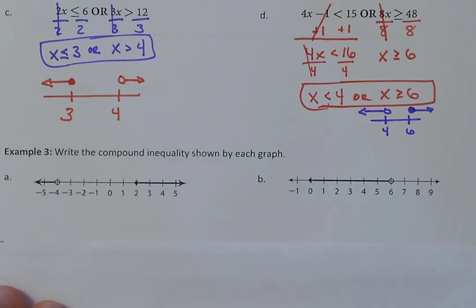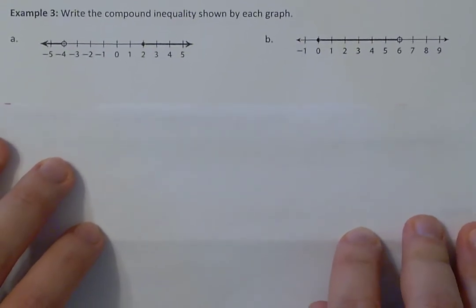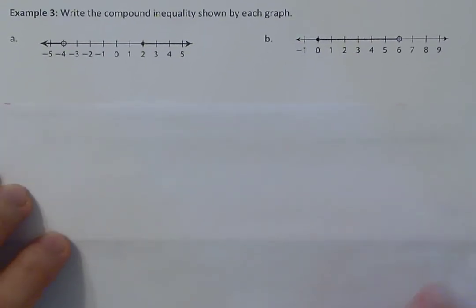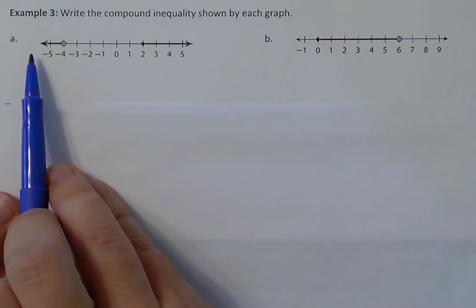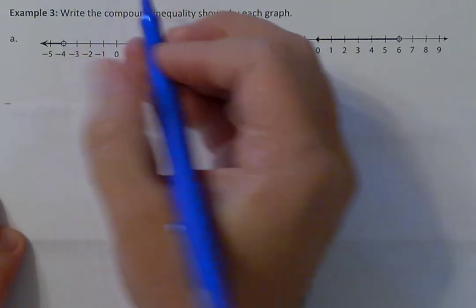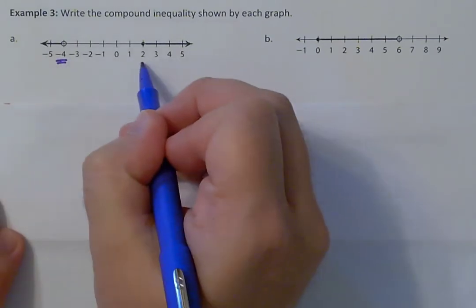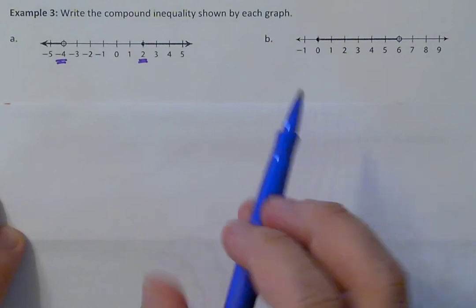Example 3 is going to ask you to write the compound inequality based off the graph shown. Now, if we look at A, a few things we need to take a look at. We need to identify our endpoint numbers, which in this case is -4 and 2.